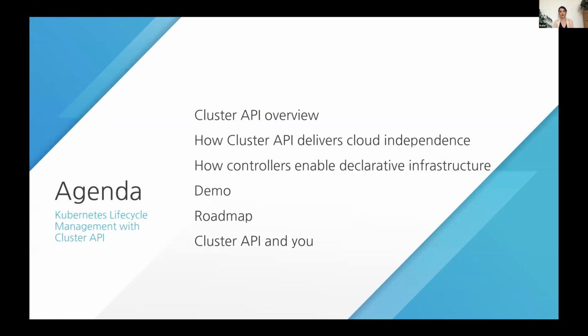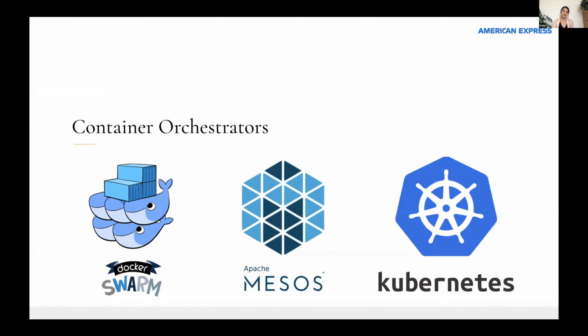Of providing a demo of how Cluster API can be installed, as well. If my demo is going to work, we're going to give an overview of how Cluster API can be used in association with GitOps model. And we're going to conclude by giving an overview of the roadmap and how can you contribute and get involved with Cluster API. So without any further ado, I would like to give an introduction of the ecosystem that enabled Cluster API to be created.